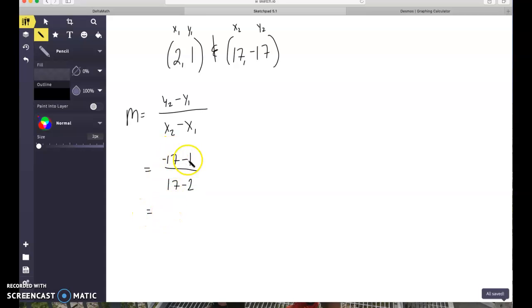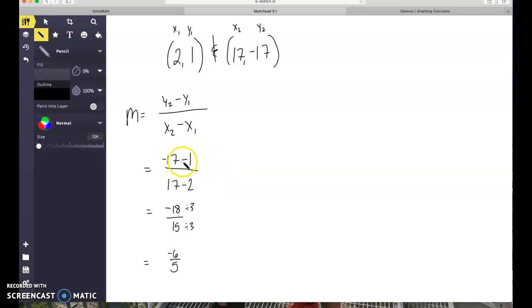And let's see here, -17 minus 1 gives me -18, and 17 minus 2 gives me 15. So I've got -18 over 15. Those both divide by 3. So I can reduce my fraction to -6 over 5.